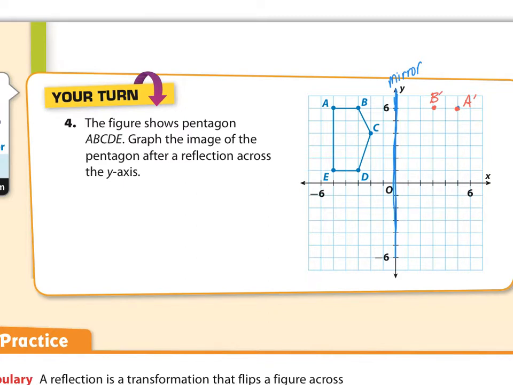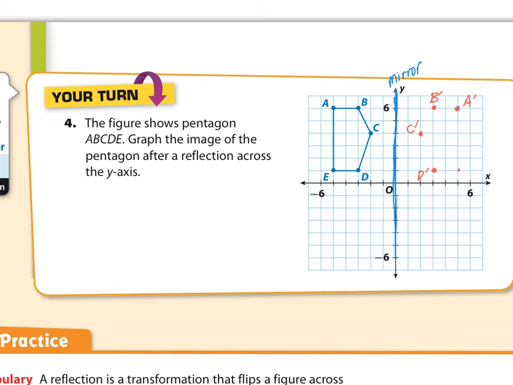Then point C is 2 points away from the mirror, which means from this part of the mirror going 2 points the other way is going to be my point C prime. And then on the bottom, point D is 3 away, so going directly across will give me D prime, 3 away from the mirror.